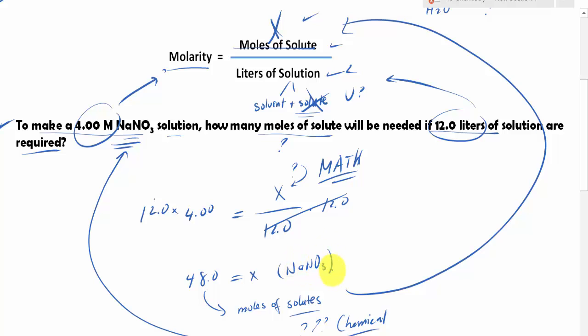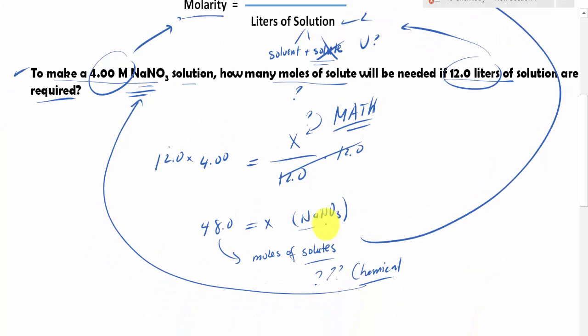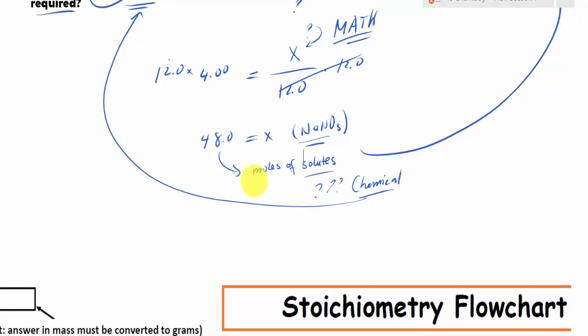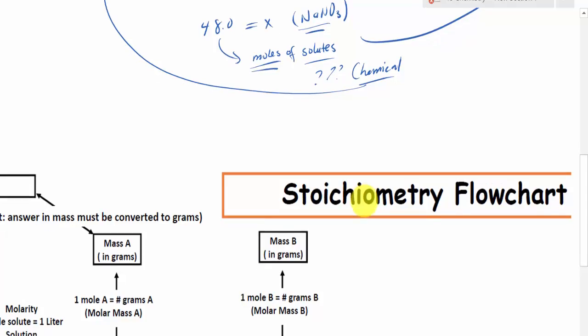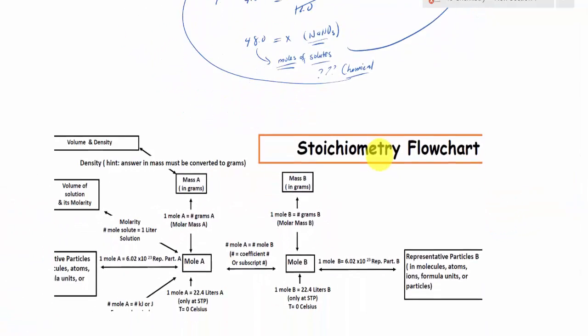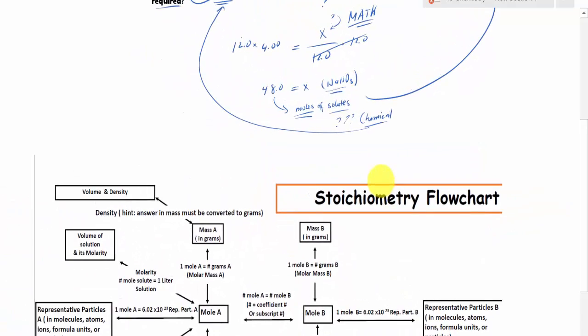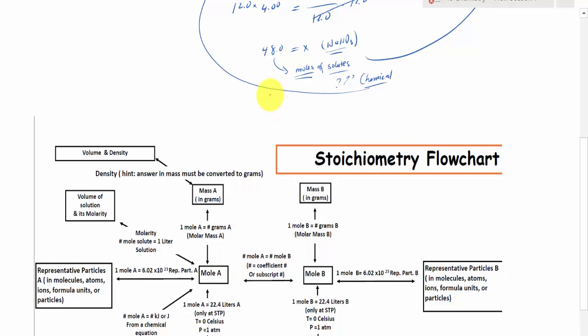And why do we care so much about the chemical formula of the solute? Because now you have moles of a chemical formula. What can we do? You can now apply the stoichiometry flowchart. Notice how we have moles. With moles, you can convert any chemical formula to any of the units on the flowchart if a specific relationship is given, especially the mole to mole ratio.